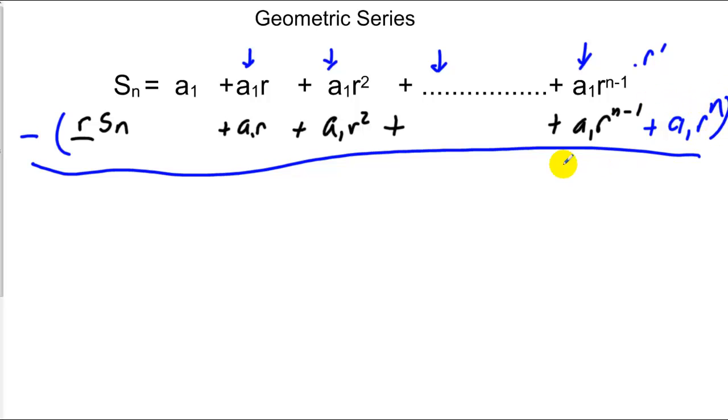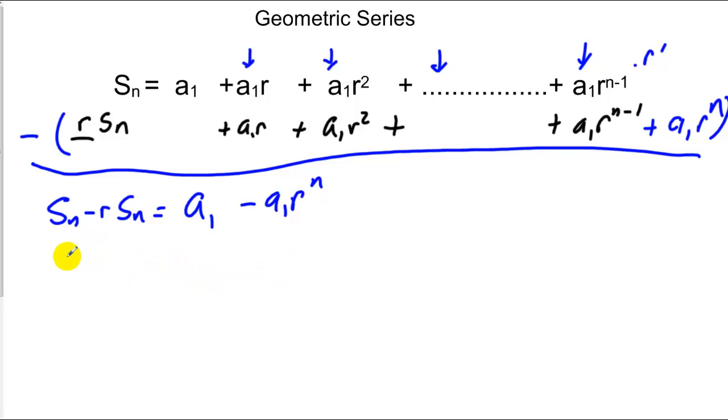from both sides, then I end up with the sum of n terms minus r times the sum of n terms is equal to the first term minus, because everything went away in the middle, the first term times the ratio raised to the number of terms.